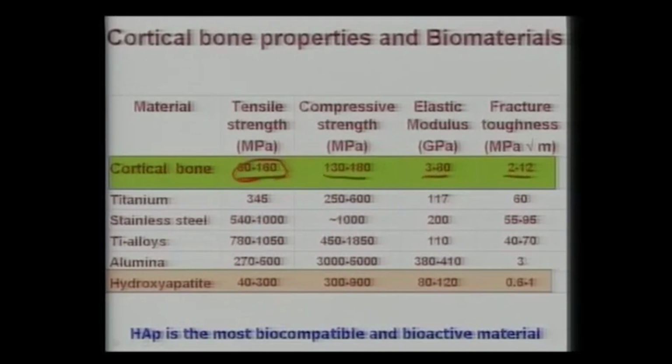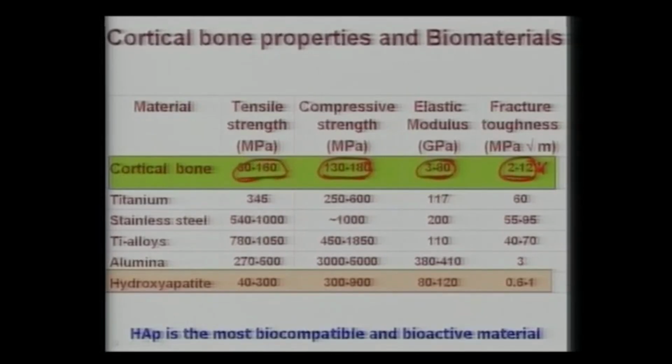But largely what you can see is that compressive strength is around 130 to 180 MPa, elastic modulus is around 3 to 80 GPa, and fracture toughness, depending again on anatomical location, is around 2 to 12 MPa square root meter.